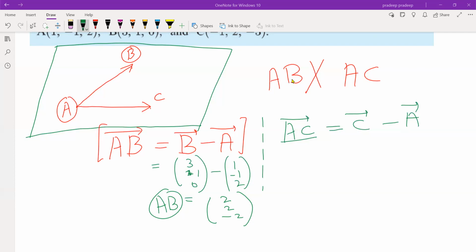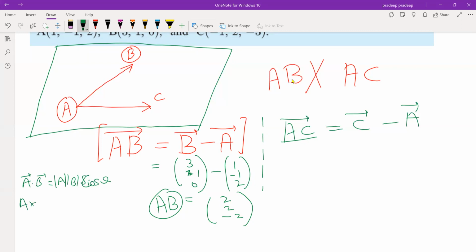And why is that so? Generally we take that because that is the thumb rule which we follow across the entire chapter. The significance of that is when we use the formulas of the dot product and the cross product. A dot B is equal to magnitude of A into magnitude of B into cos theta, right?